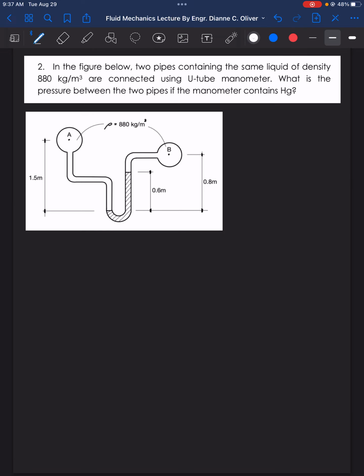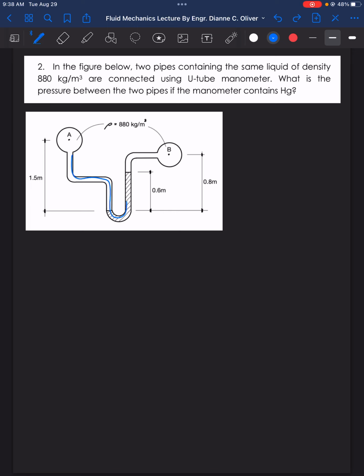In the figure below, there are two pipes containing the same liquid of density 880 kilogram per cubic meter. So this is the cross section of the pipe, and they contain the same type of liquid. They are connected using a U-tube manometer.